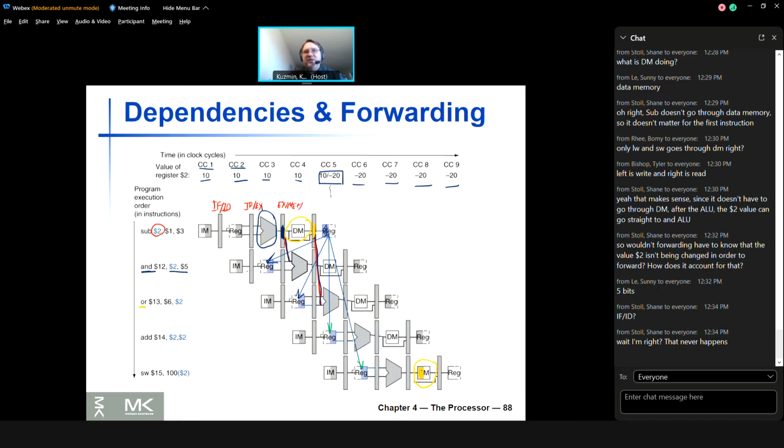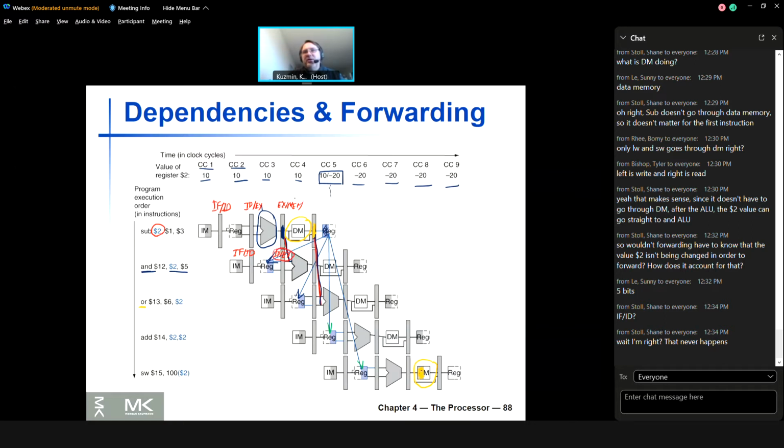Of course, for the second instruction, this is IF/ID, this is ID/EX, and so forth. So the reason we were able to detect the hazard is that EX/MEM of this instruction has the same destination register as one of the source registers for ID/EX here.